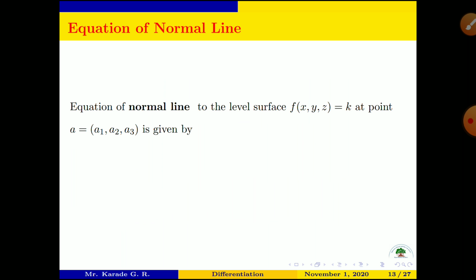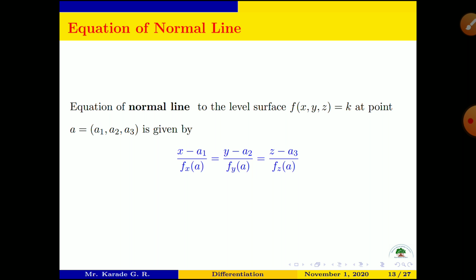The equation of the normal line to the given level surface f(x, y, z) = k at the point a = (a1, a2, a3) is given by (x - a1)/fx at a = (y - a2)/fy at a = (z - a3)/fz at a. Based on this equation, we are also going to solve some problems.